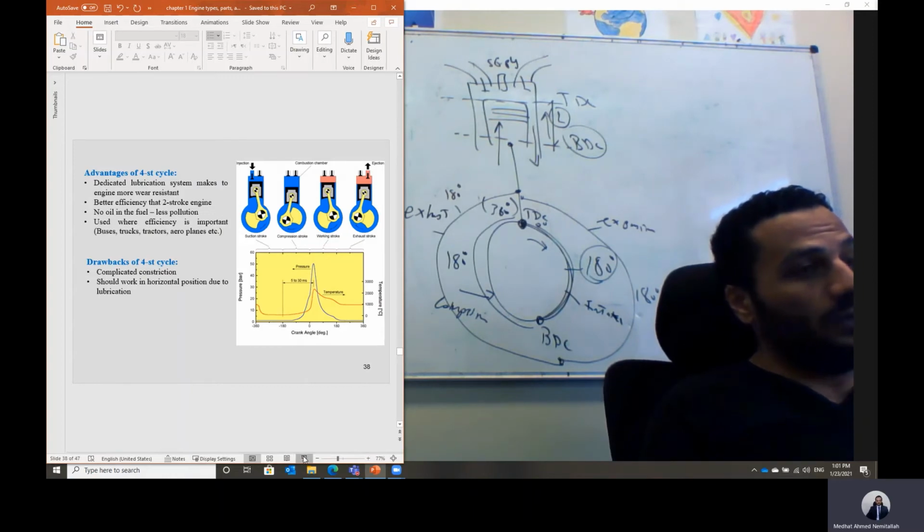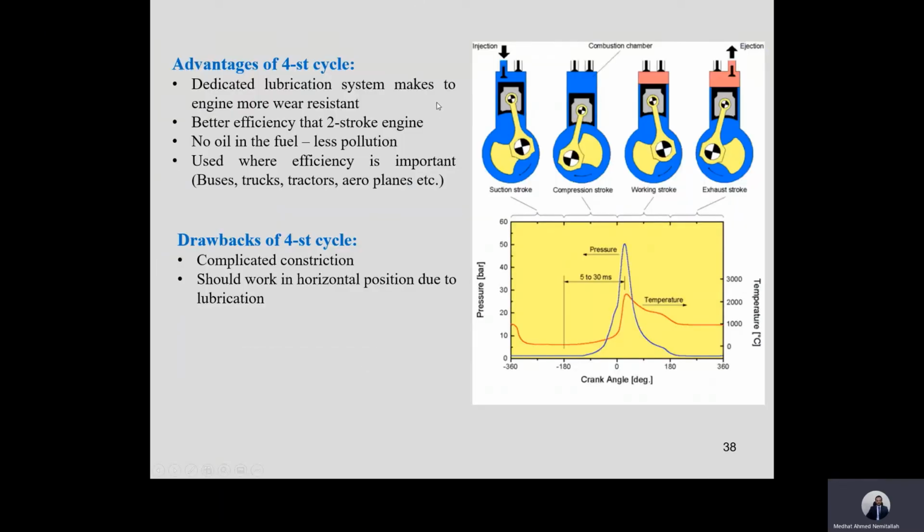Okay. We have some advantages of the four-stroke engine. The four-stroke engine has a dedicated lubrication system that makes the engine more wear resistant. It has better efficiency than the two-stroke engine, because in the two-stroke engine we don't have valves. We just have a side opening here as the intake port, and one side opening on the other side as the exhaust port.